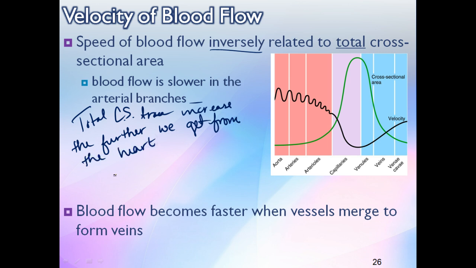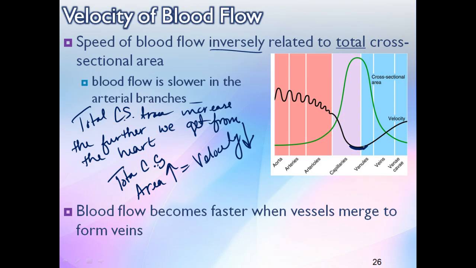This means since the total cross-sectional area is increasing, that means velocity is decreasing. Now this is exactly what we want, since by the time we get to the capillaries, we want things flowing as slowly as possible in order to have adequate exchange taking place. Now, as we start going back to the heart, cross-sectional area goes back down again as all those vessels join into one, which means velocity is going to start going up, which of course helps us get that blood back to the heart.